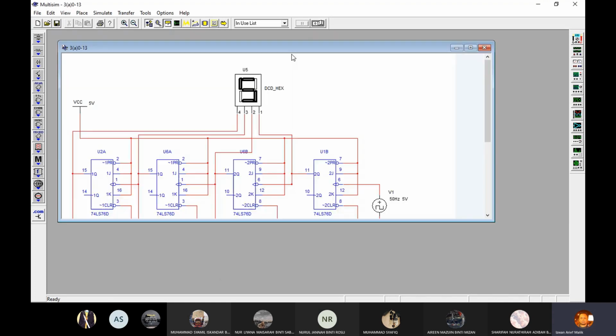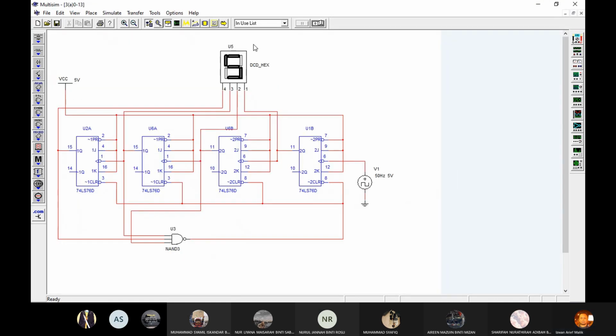Okay, so 0 until 13. So let's count. 2, 3, 4, 5, 6, 7, 8, 9, 10, 11, 12, 13. Okay, so this is the circuit.